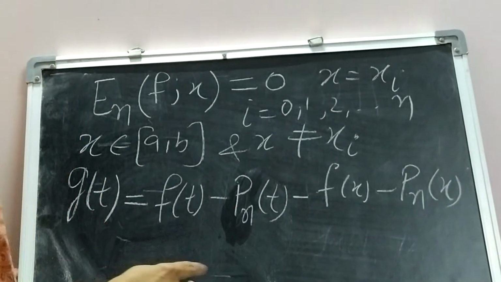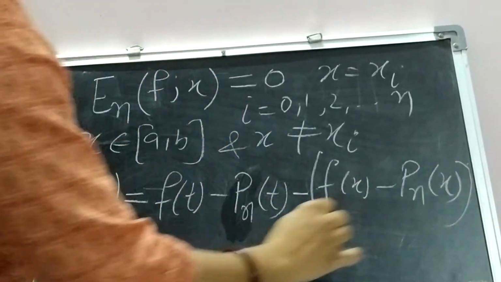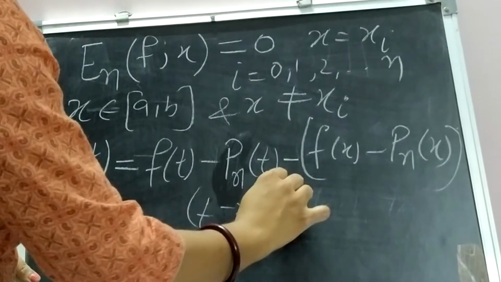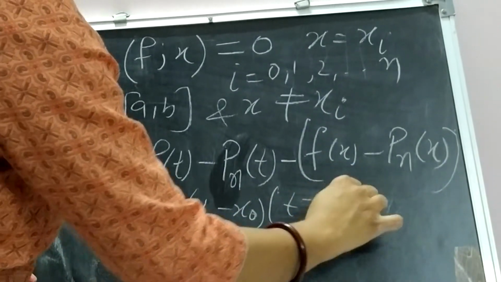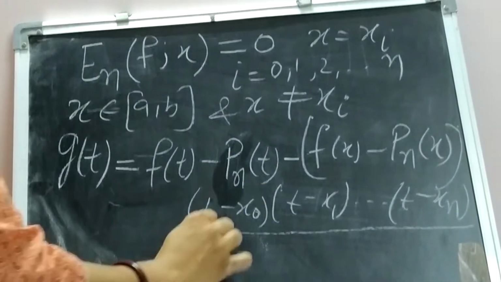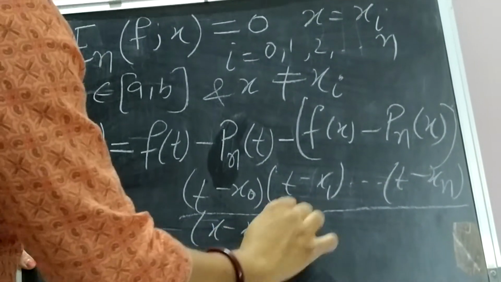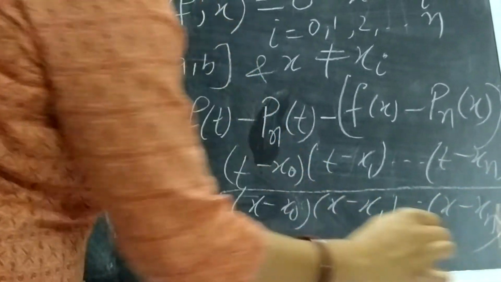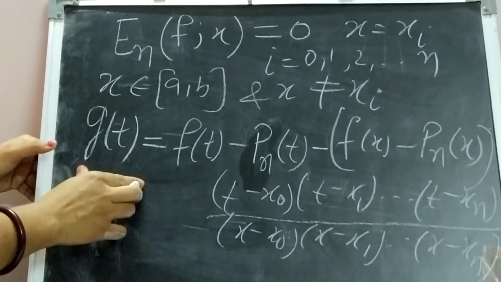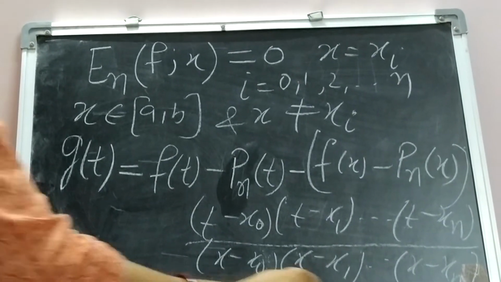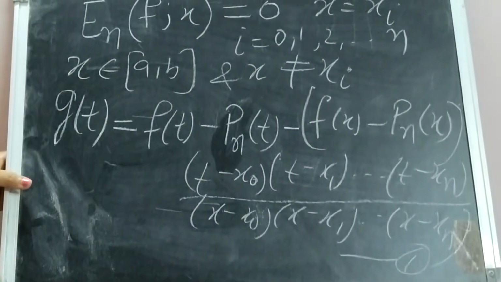So with this f(x) minus pn(x), the multiplication factor is (t minus x0)(t minus x1)...(t minus xn) whole divided by (x minus x0)(x minus x1)...(x minus xn). This is the similar function we have chosen for two data points. The same has been generalized over here for n plus 1 data points. So we name it as equation number 1.